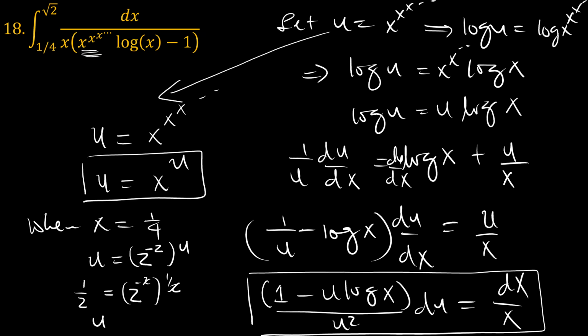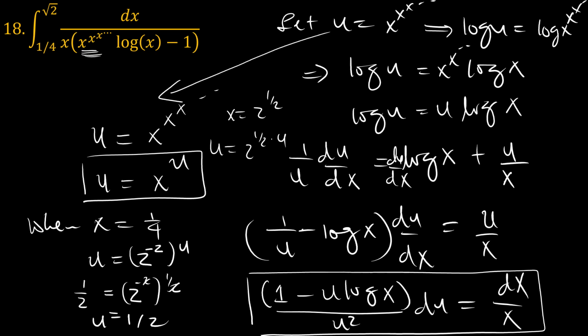So when u equals a half, the lower limit holds. What about when x equals 2 to the power a half? In other words, u equals 2 to the power a half times u.